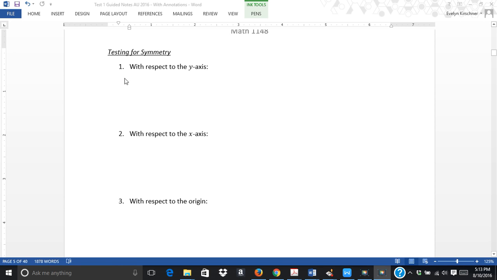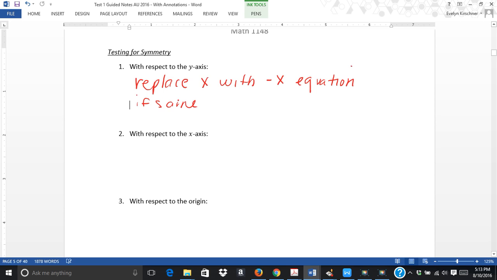So what we're going to do is replace x with a negative x in the equation. And if the result is the same equation, then it is symmetric with respect to the y-axis.